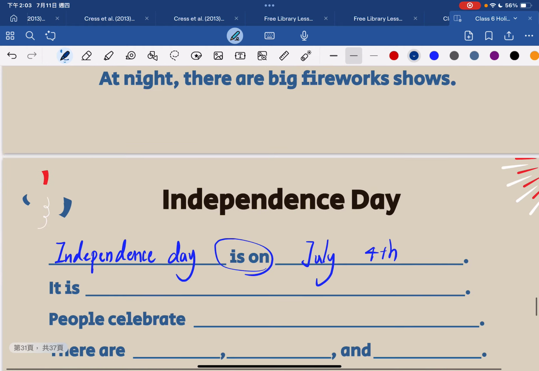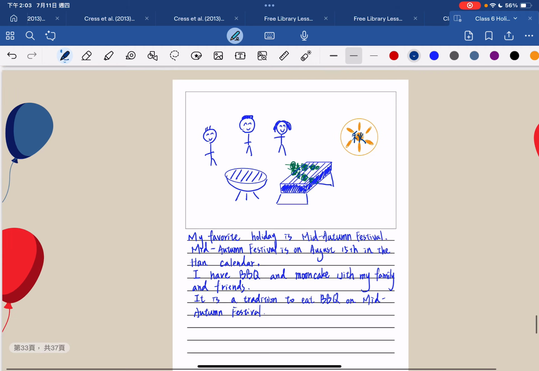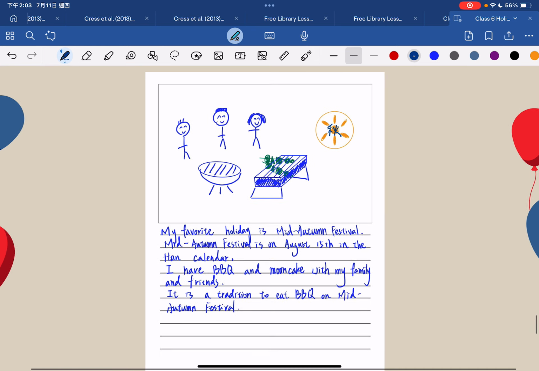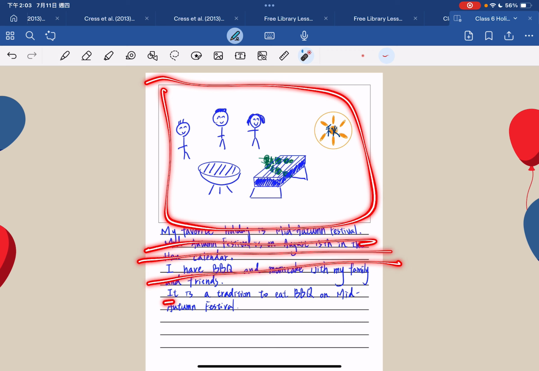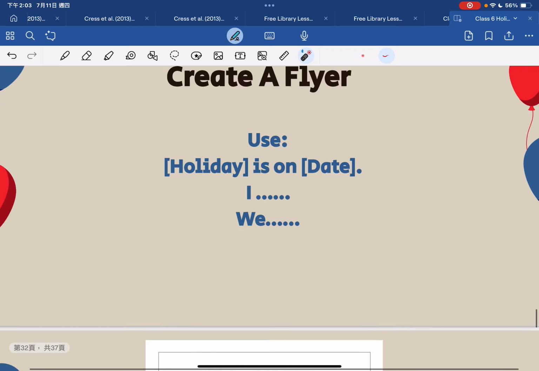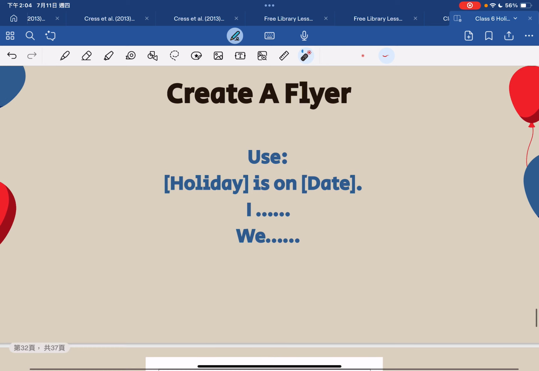If you turn the worksheet to the back, you will see a box here and a lot of lines down here. This is our second activity. After you finish the first one, I would like you to create a flyer and introduce some of your favorite holidays. First of all, you must use the sentence "the holiday is on the date."